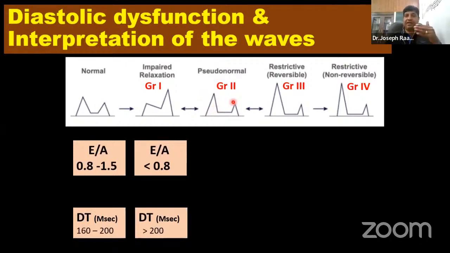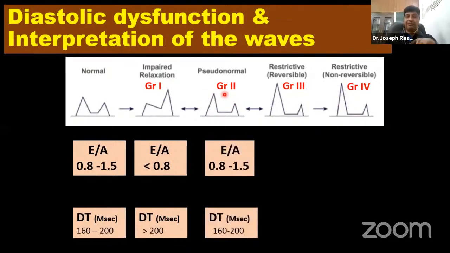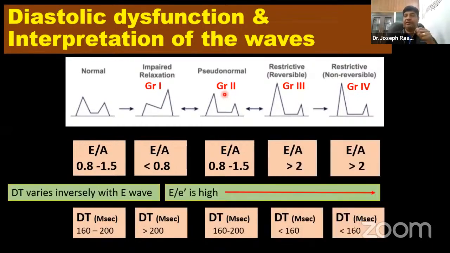These are certain parameters which will tell you that this pattern is not normal. But the objective finding is that you have to assess the E by E dash ratio. That is where the E by E dash, the tissue annular velocity, comes into the picture. If the E by E dash is higher than, as I already told you, 15, then it is considered not normal, it is pseudo-normal.